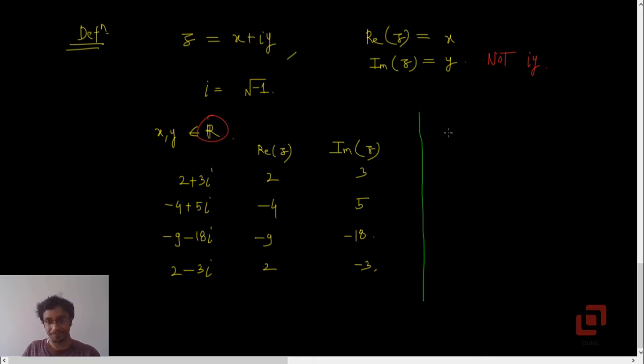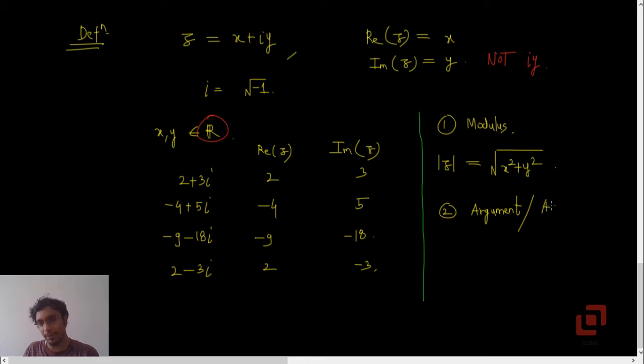So this is how we define the complex numbers, and we also define three new terms. The first term is the modulus of the complex number, or we often say mod, which is denoted by mod z and is defined as root of x squared plus y squared. The second thing is the argument or amplitude.